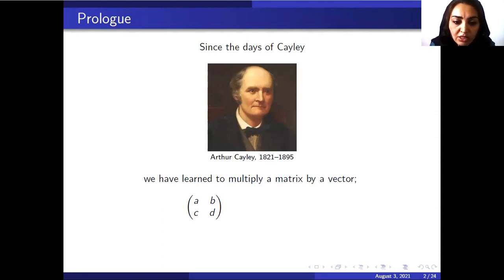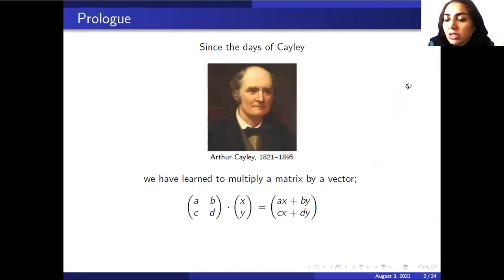Take this matrix, take the vector xy, and we know how we multiply and then obtain this vector. You see, it's so simple, but it's so practical as well. And this product has a further property, which I'm going to explain.